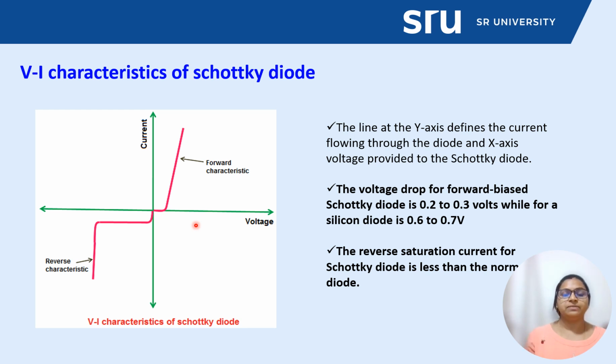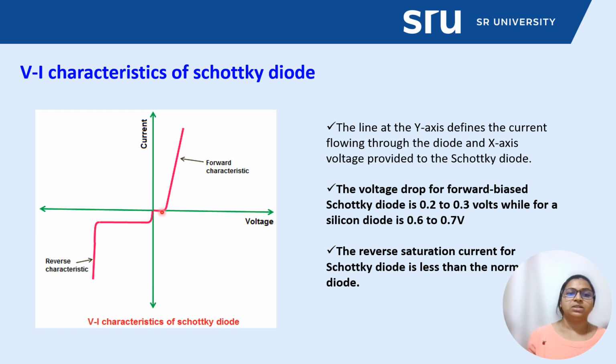The vertical line in the figure represents the current flow in the Schottky diode, and the horizontal line represents the voltage across the Schottky diode. You can see that except this part, the sudden drops or sudden rising, it is normal, almost similar to the PN junction diode.